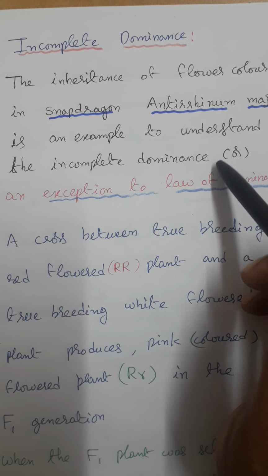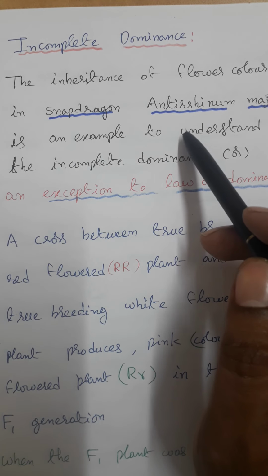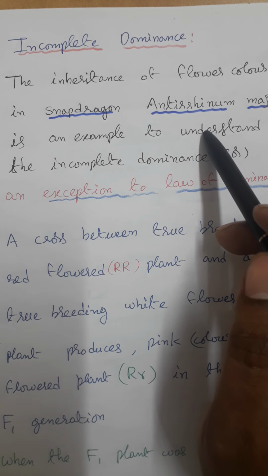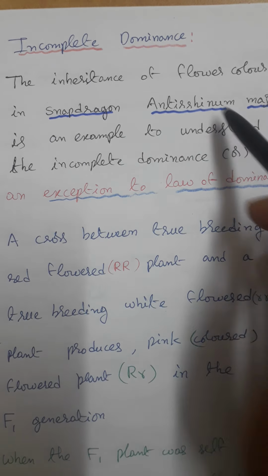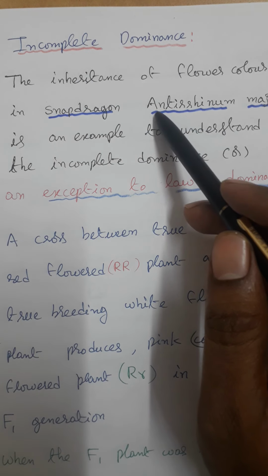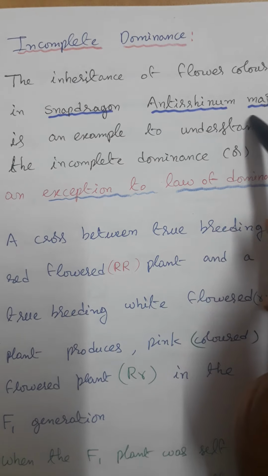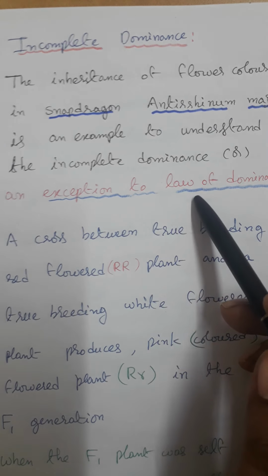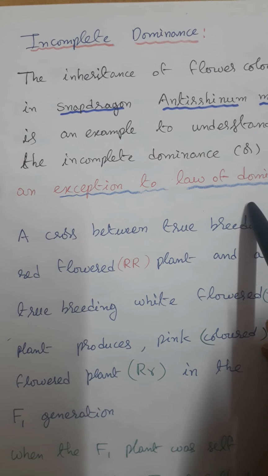In the majority of Mendel's experiments the results follow Mendel's laws, but in Antirrhinum majus, the snapdragon plant, it doesn't follow the law of dominance. So snapdragon is the example for incomplete dominance. It's an exception to the law of dominance.